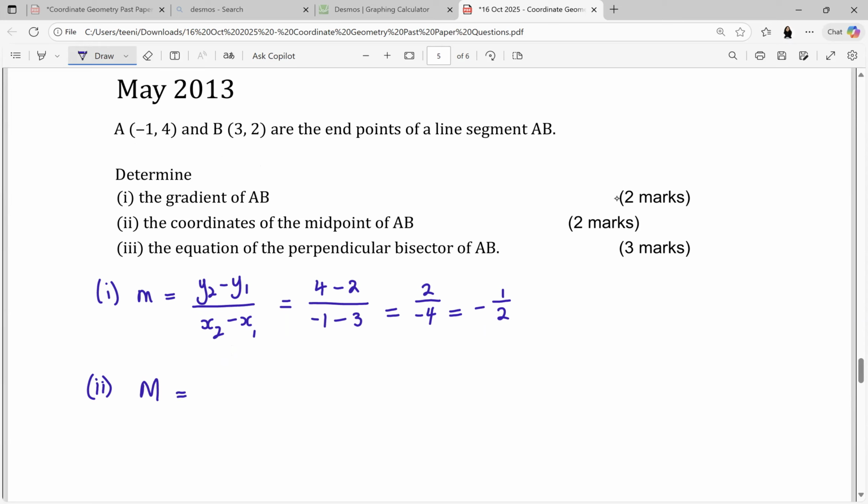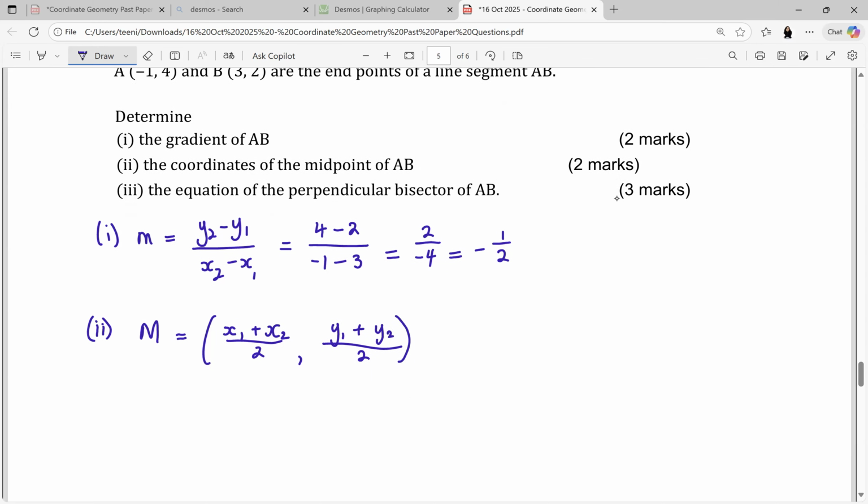The formula for midpoint is basically the average of the x coordinates of the endpoints, which means x1 plus x2 divided by 2 to find your x coordinate of your midpoint, and then y1 plus y2 divided by 2 gives you the y coordinate of the midpoint. So the coordinates of the midpoint here would be, well, x1 is -1, while x2 is 3.